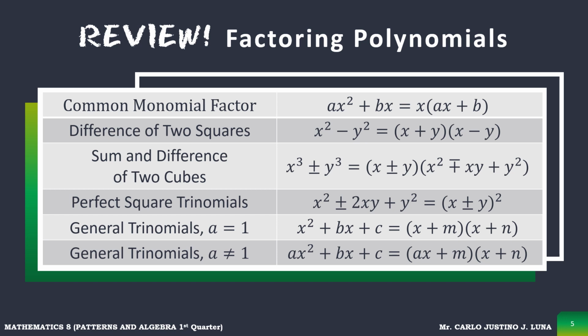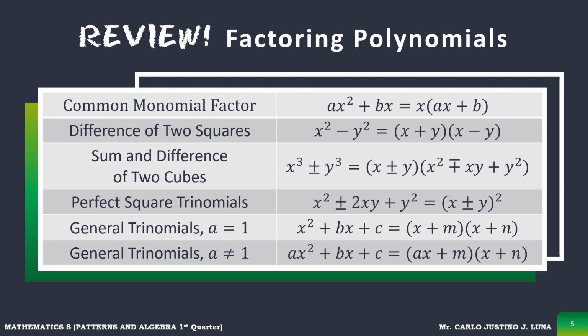So to get the factors of this, first, you get the cube root of the first term. X cubed is x. Cube root of the second term, y cubed, that is y. And then if it is a sum of cubes, you write plus sign. If it is difference of cubes, minus. So that is our first factor.